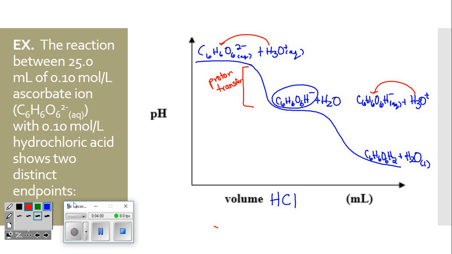Anytime you can see that there are two endpoints, or the question tells you that there are two endpoints, what it's really telling you is that two protons were transferred. It means that one of the substances was polyprotic, meaning either the base could accept more than one proton or the acid could donate more than one proton.